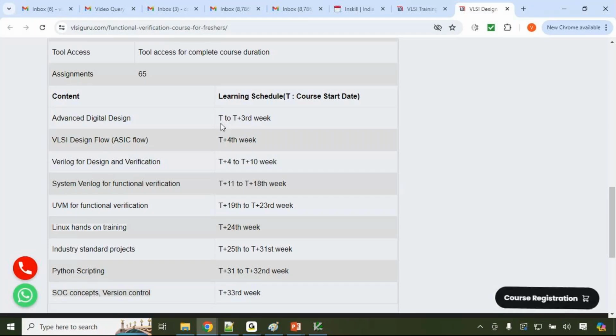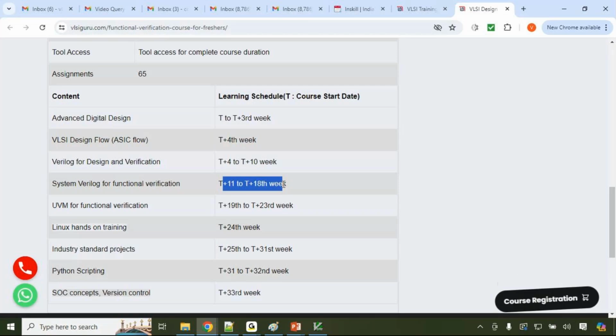For the first 3 weeks, we teach advanced digital electronics. Then one day will be the ASIC flow. Next, we start with Verilog for design and verification. Verilog language and Verilog projects will be there. That will go for weeks 4 to 10, which is 7 weeks. Then from the 11th week till the 18th week, that is 8 weeks, 11th and 18th included.